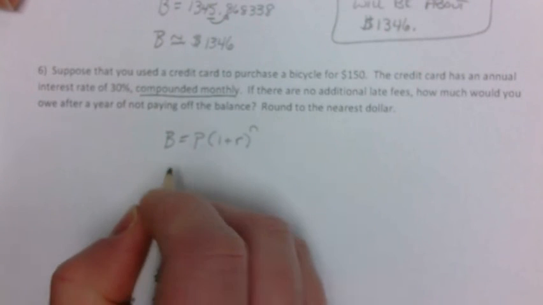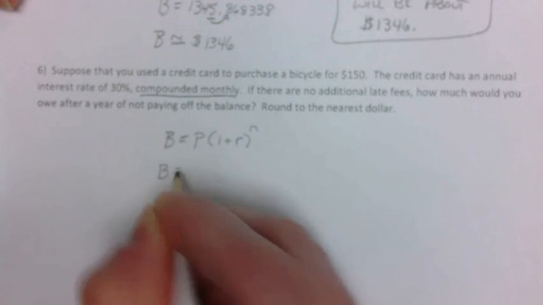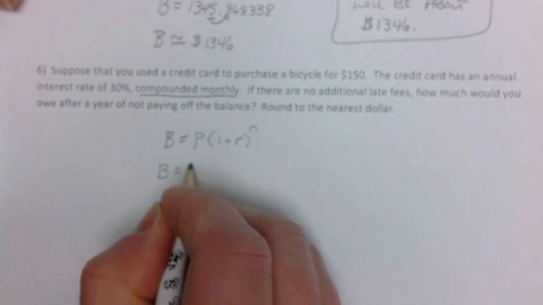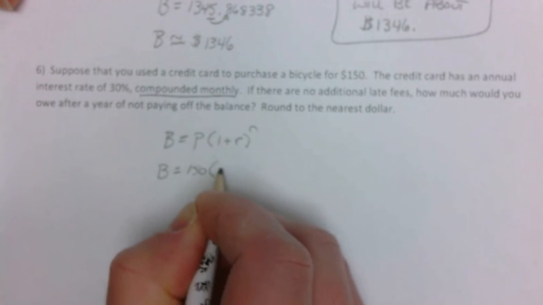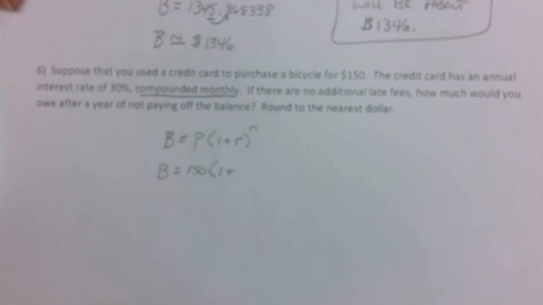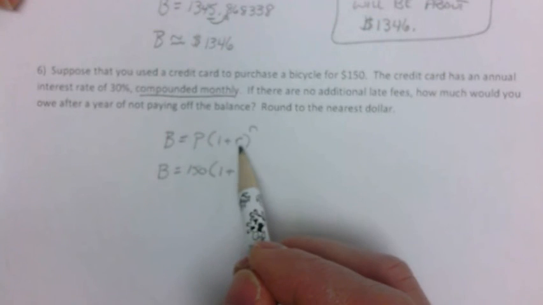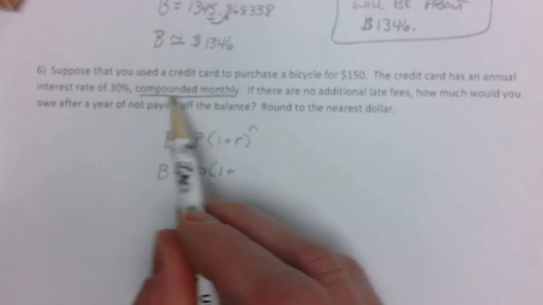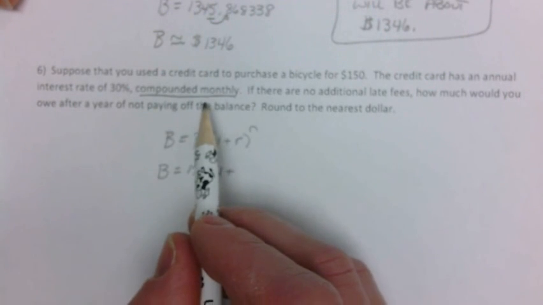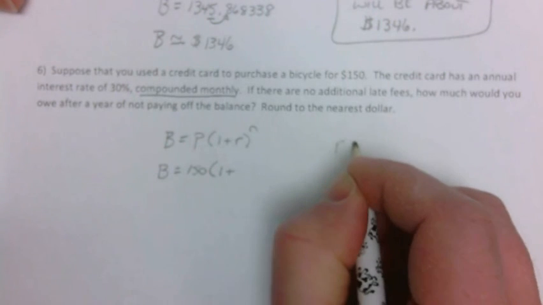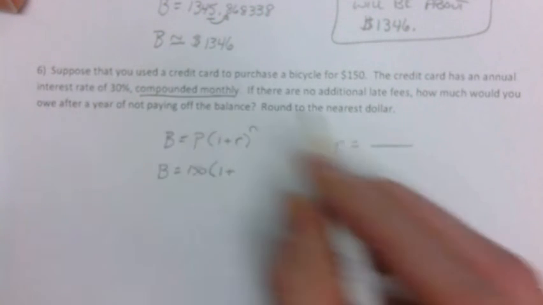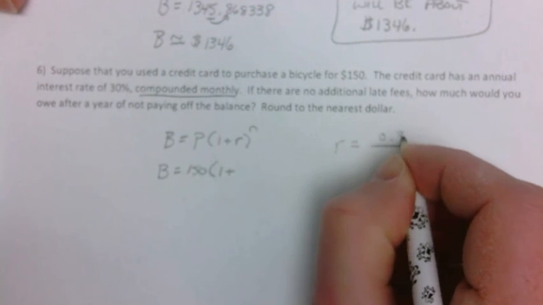Okay, and we're looking for the total balance owed. B equals the principal, the amount that we spent on the bike, which was $150, times 1 plus, and now we have to calculate the values of R and N again, because we're compounding our interest more than once per year. Okay, so R equals the annual rate, which was 30%. As a decimal, that's going to be 3/10.